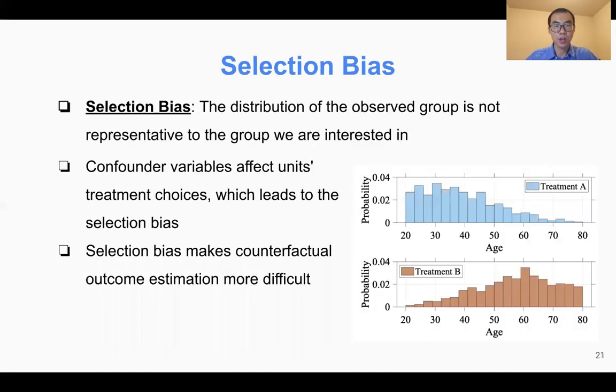So the confounder will also lead to the issue with selection bias because the distribution of observed group is not representative to the group we are interested in.